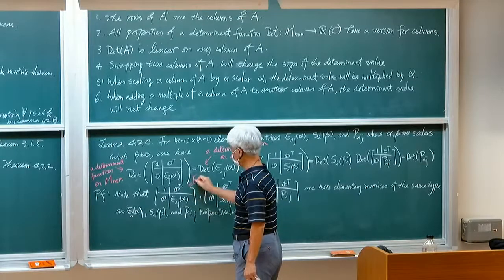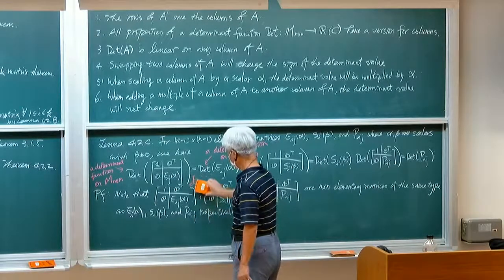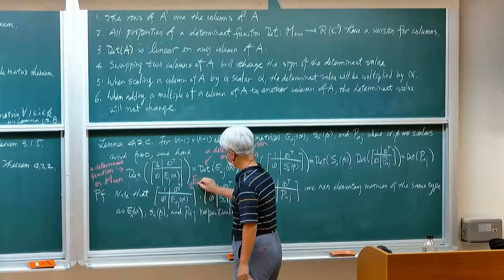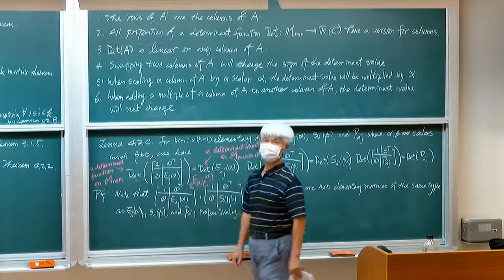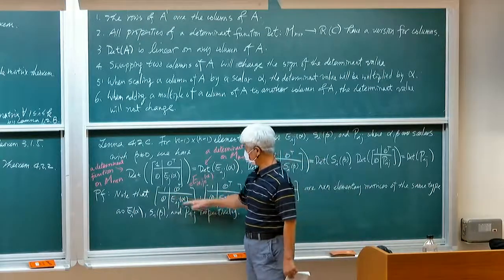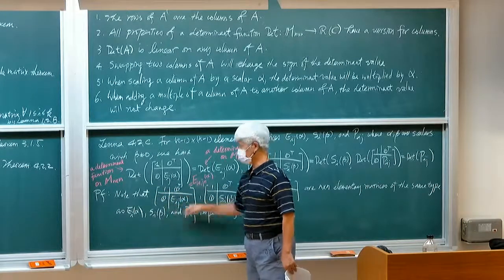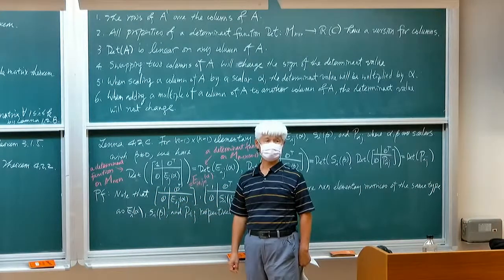This is actually E_(i+1)(j+1)(alpha), because the ith row in this matrix becomes the (i+1)th row of this big matrix by this extension.